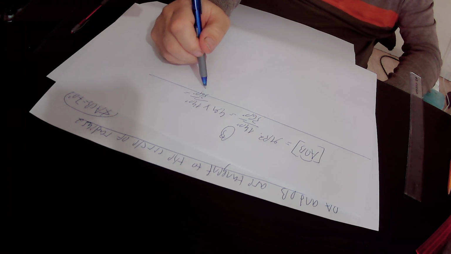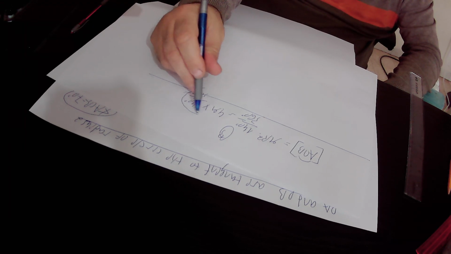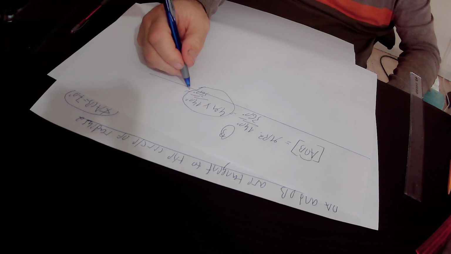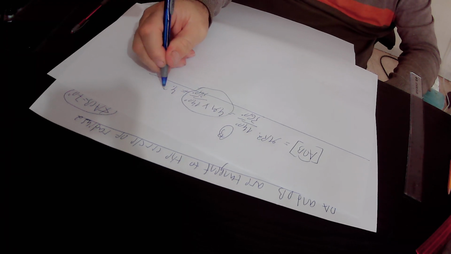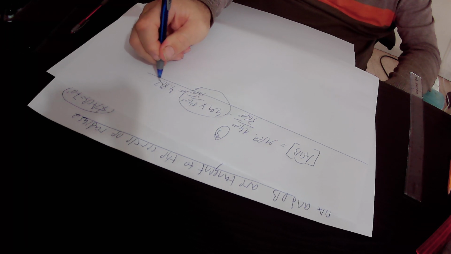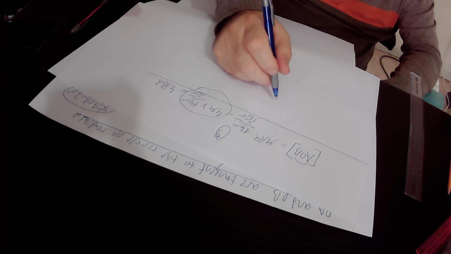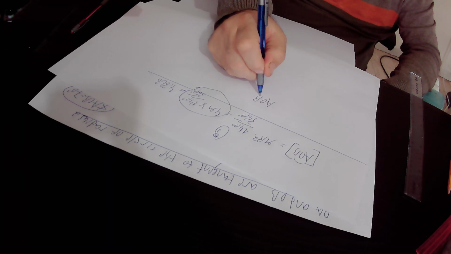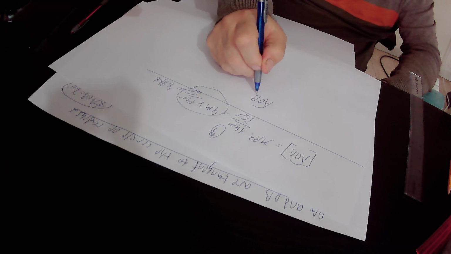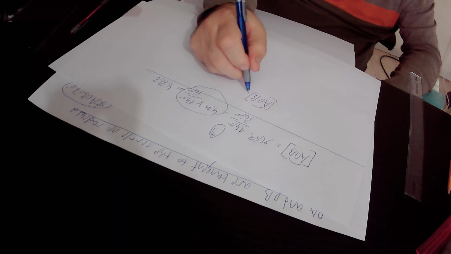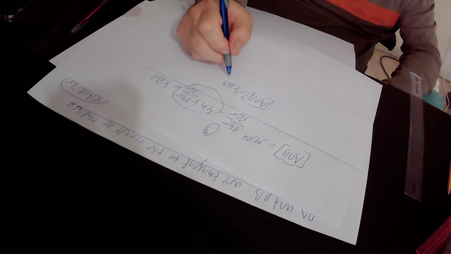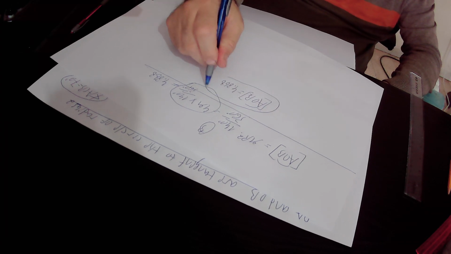So the value of this expression in total is equal to 4.888 square units. So we found out that the area of sector AOB is equal to 4.888 square units.